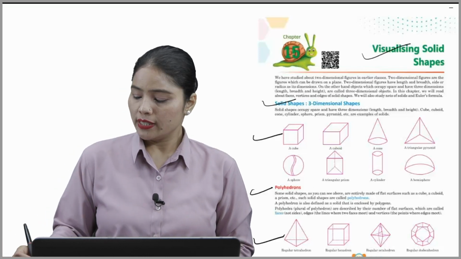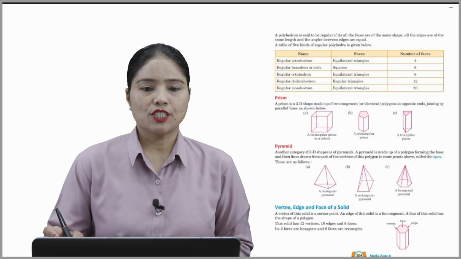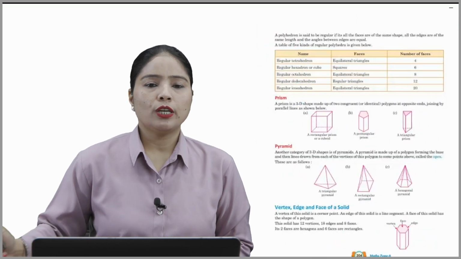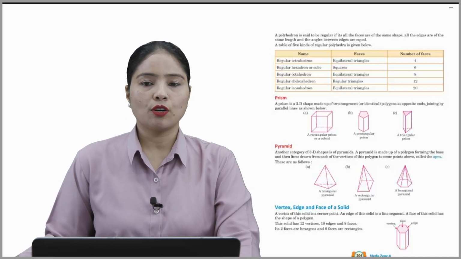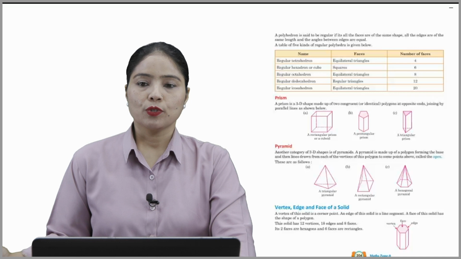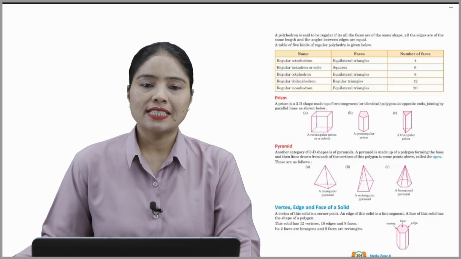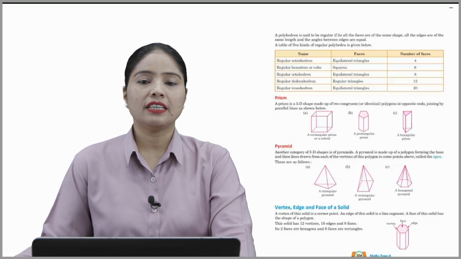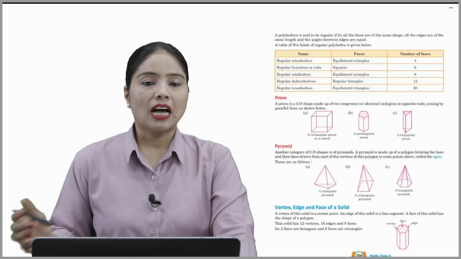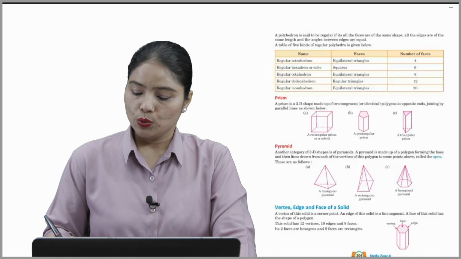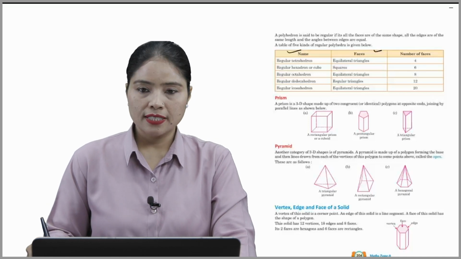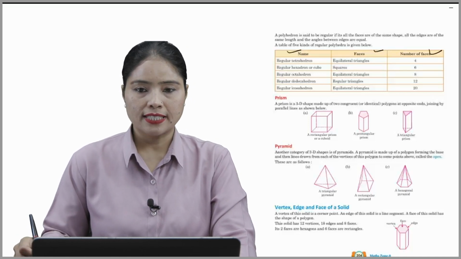Hope you understood. Now next, a polyhedron is said to be regular if all its faces are of the same shape, all the edges are of the same length and the angles between edges are equal. A table of 5 kinds of regular polyhedrons is given below: name, faces and number of faces.